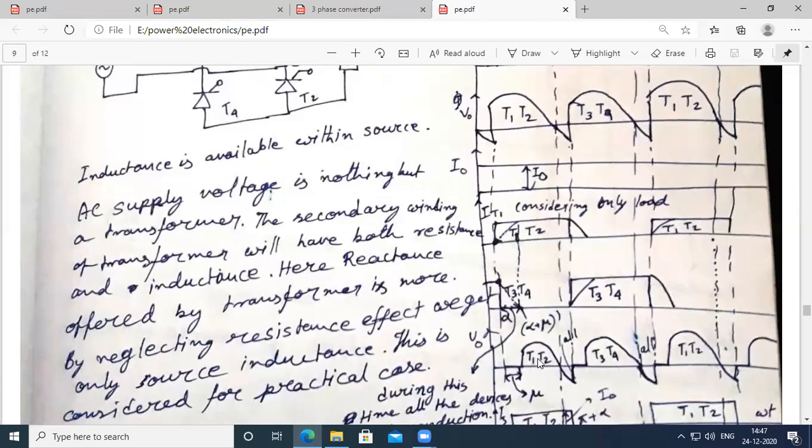At this point, T1, T2 is on, and T1, T2 is on from alpha plus mu. In this portion, T1, T2 is on up to pi plus alpha, and T3, T4 is on at this point, that is pi plus alpha plus mu, and from that it will continue up to this portion, that is 2 pi plus alpha, I think.